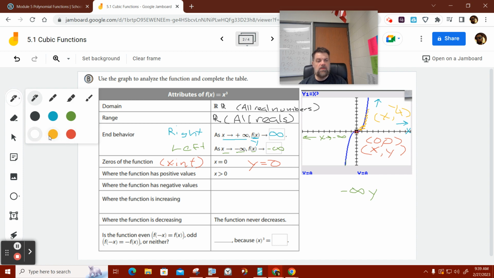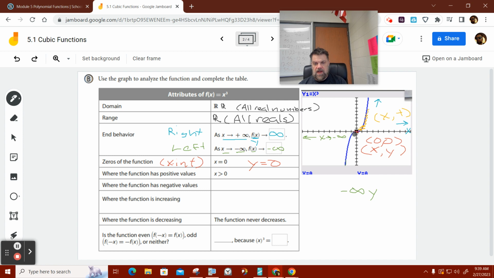So now, I guess I'll use black. So now, where does the function have negative values, and when they say function, they're talking about f of x, right? That's the y value.